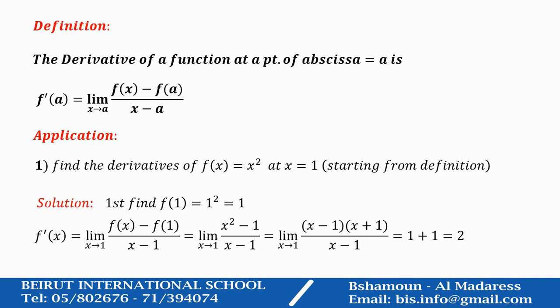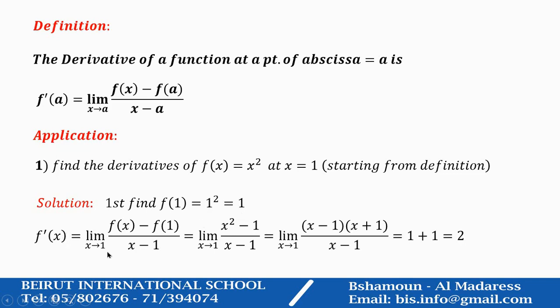Application. To find the derivative of a function, for example, f of x equal x squared at a point x equal 1, of course, starting from definition. This is the definition of the derivative. To find the derivative, first we should find f of 1 to substitute. F of 1 is, you substitute for x equals 1, 1 to power 2 is 1.